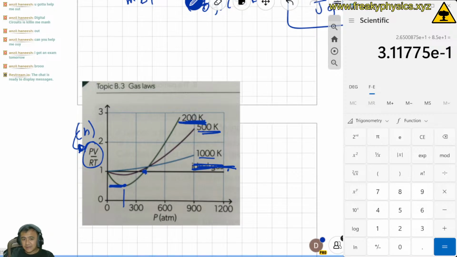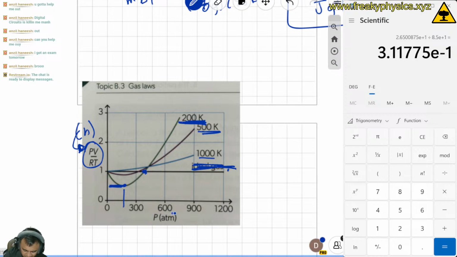In this case though, the weird thing here is that the n is not expressed in n, but it's expressed in PV over RT, right?